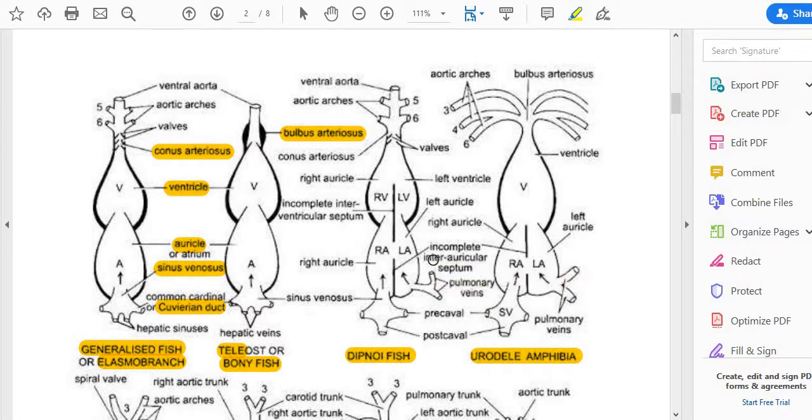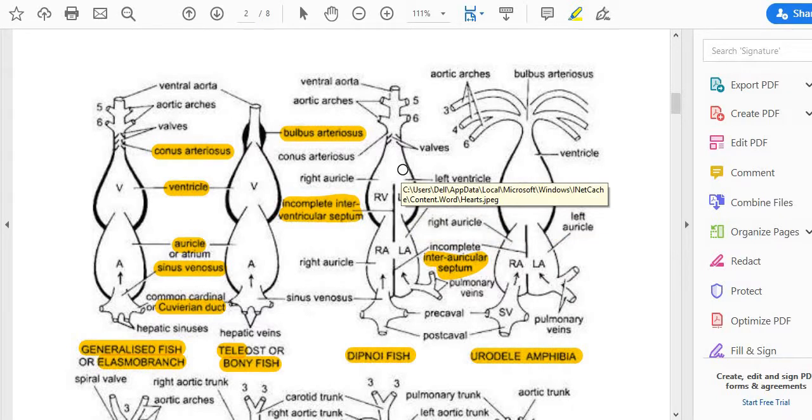In the ventricle also it is compartmentalized into right and left ventricle, and here also we find a septum called the interventricular septum. This compartmentalization in auricle and ventricle is partial.